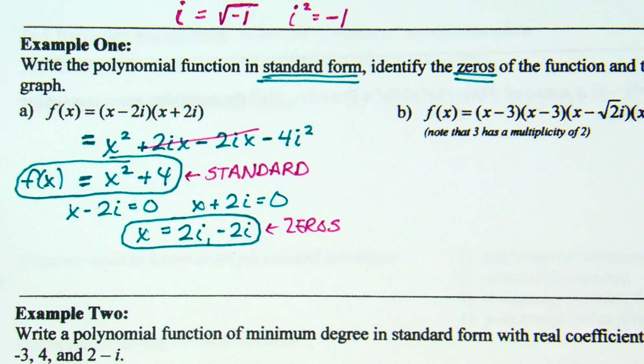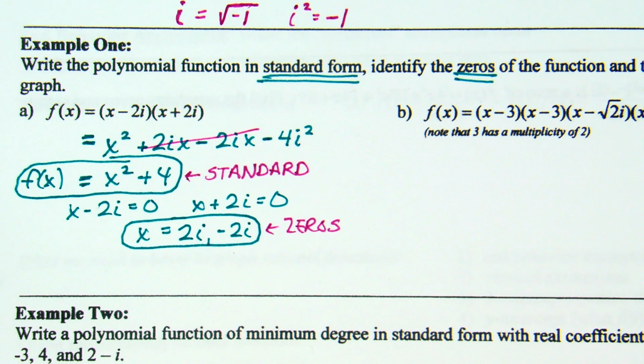Now, if you want to graph this on your calculator, what would you graph on your calculator? The standard form, right? Because sorry guys, you can't graph x minus 2i times x plus 2i. Your calculator won't, at least to my knowledge. Someone may prove me wrong one of these days, but you can't graph with i's. However, in the standard form, the i's are missing. Well, what do you see about the graph f of x equals x squared plus 4?